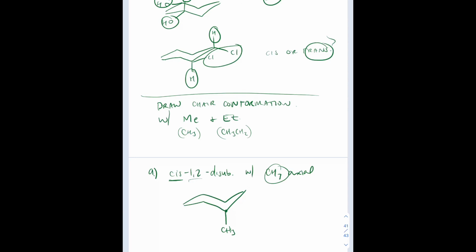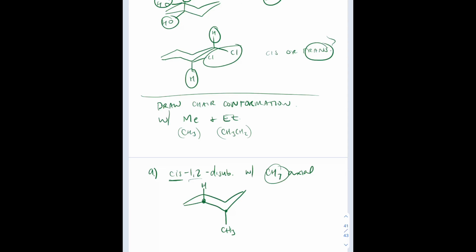Technically, I could put it here or here because that would be a 1,2 disubstituted cyclohexane, but I will put it on this one just again so that you can see how things look in a different orientation. It's not always going to be pretty and just substituted right here. So we need to put that ethyl down, remember?